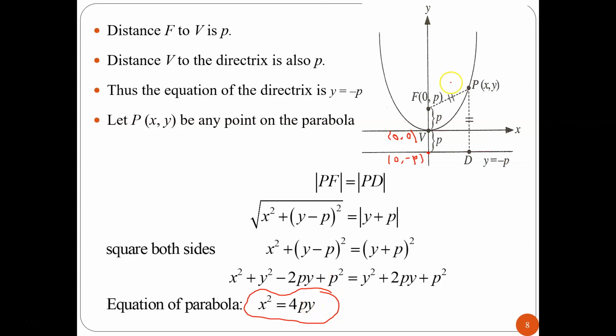Sebab y, koordinat y tu yang berubah. And the shape of the parabola ataupun parabola tu terletak pada paksi y. Later on you will see how it change and how the shape of the parabola also change when the equation bertukar.